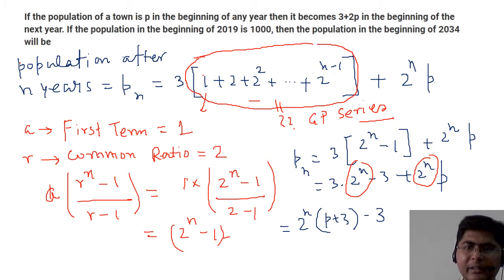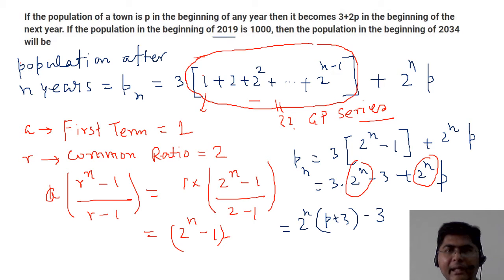Right? Now here, let us read out the question. In the beginning of 2019, it was 1000. So in this question, we can assume P is equal to 1000.